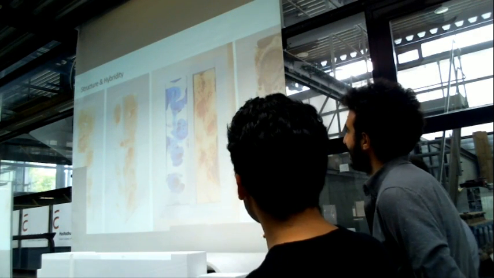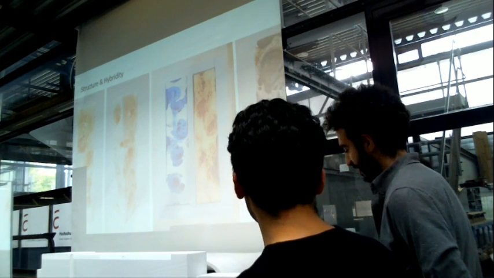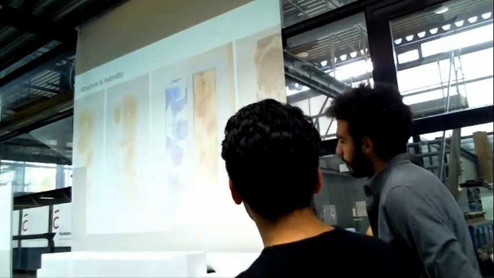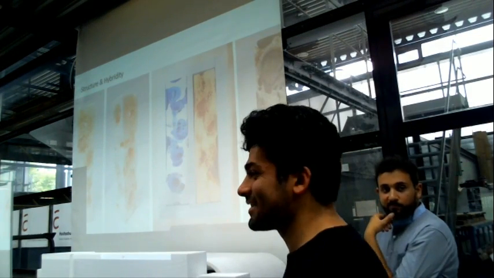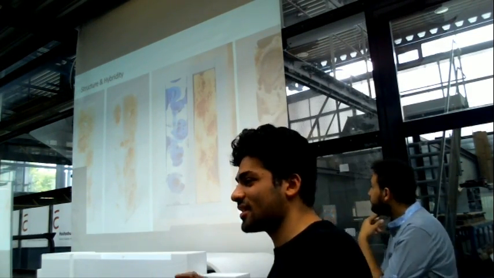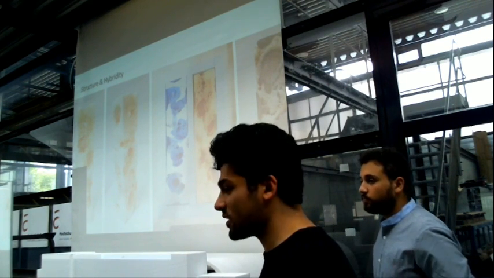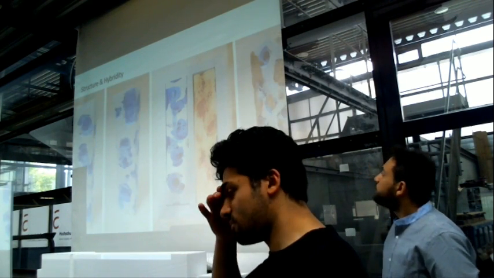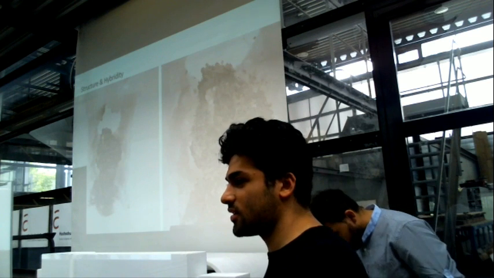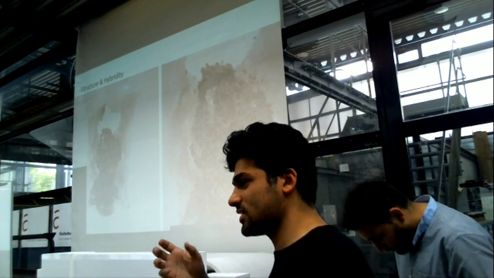For the first one, we just used the white EPS, and we reduced some inner space inside it using some acetone.